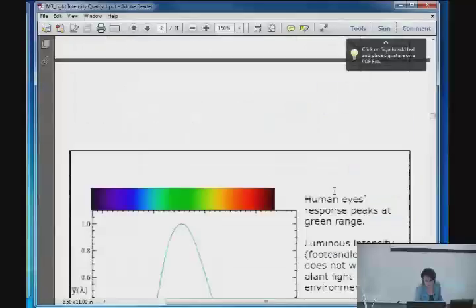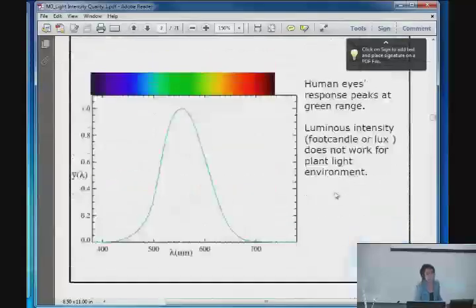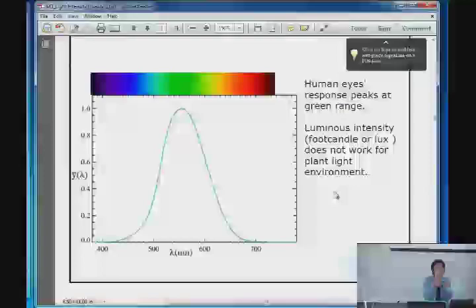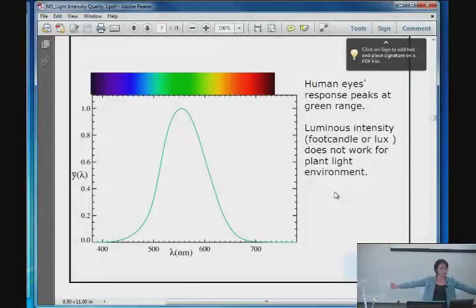So human eyes, as I said, have a different response, with a huge response in the green, yellow-green range. We can see the entire range, 380 to 780, but the highest response, if the same amount of photons come in, is in the green range, where we sense better. That means we feel brighter for those colors.